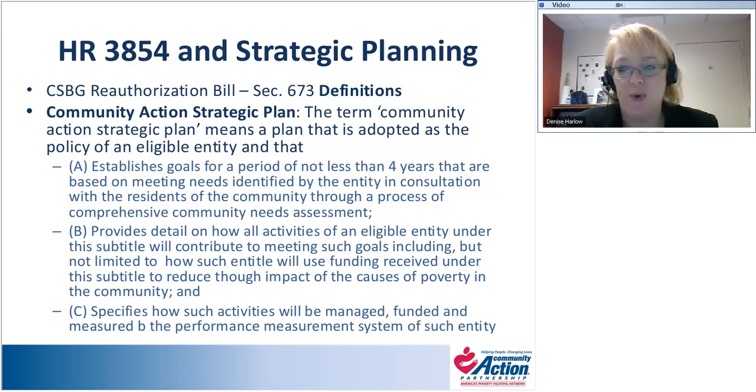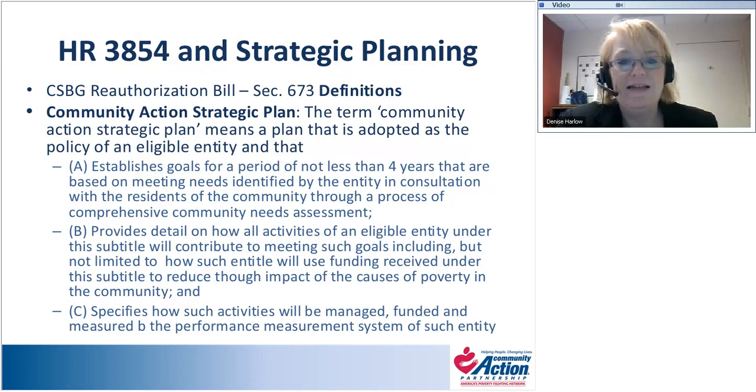All right. So B provides detail on how all activities of an eligible entity under the subtitle, meaning CAP agencies, will contribute to meeting such goals, including but not limited to how such entities will use the funding received under the subtitle to reduce poverty through the impact of the causes of poverty in the community. Sorry, I had a few typos there. I need to clean that up.